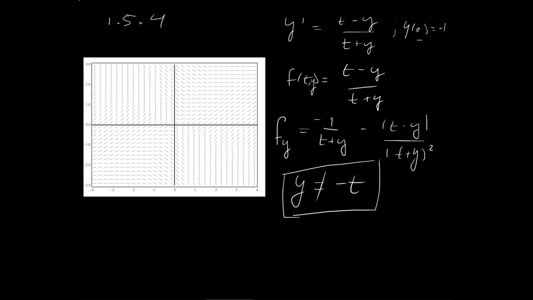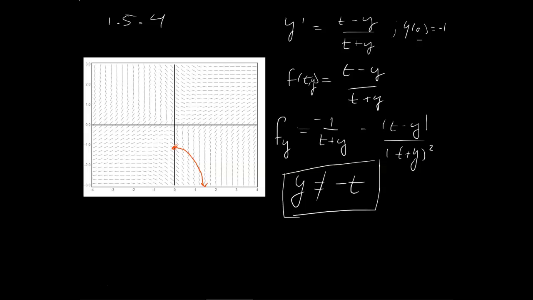For our particular function, if we plug in y being negative 1 when t is 0, that's about right here. Oops, I'm drawing in white. That's not helpful to see. About right there. If I drop a leaf right there, it will have a nice direction to flow in. If I try to start a leaf along a vertical, where does it go? Does it go up? Does it go down? We don't even know. It's undefined there.